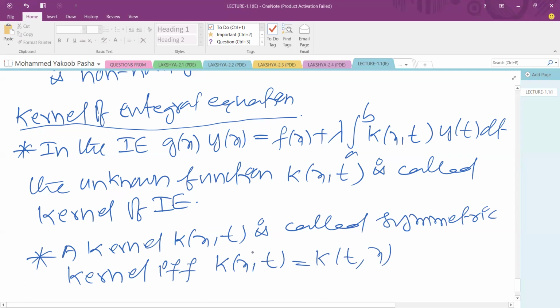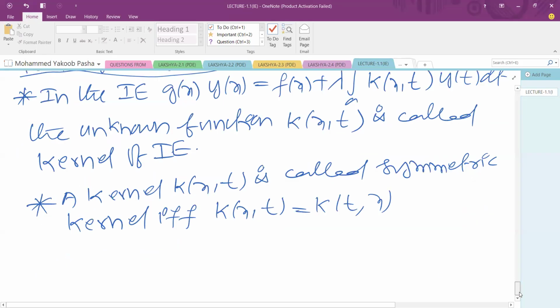In this case, the kernel is called a symmetric kernel.